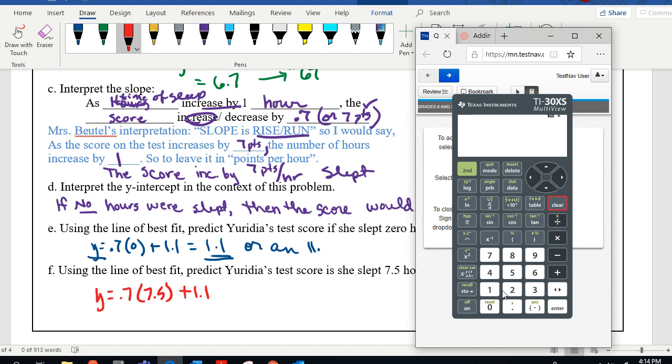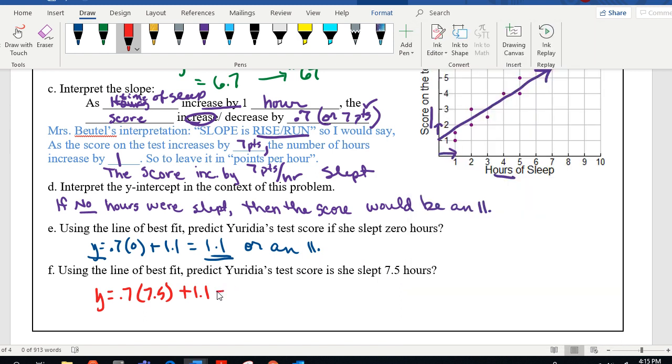Those of you that have me understand that. So 0.7 times 7.5 plus 1.1, enter. Let me double check my 0.7 times 7.5 plus 1.1. Yeah, that's a 63.5.